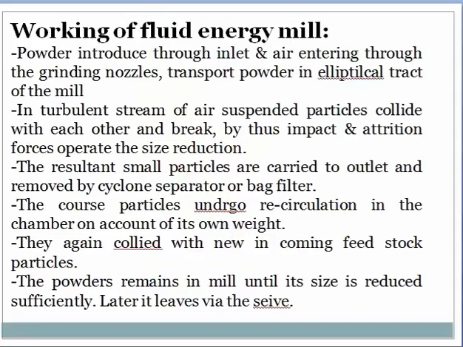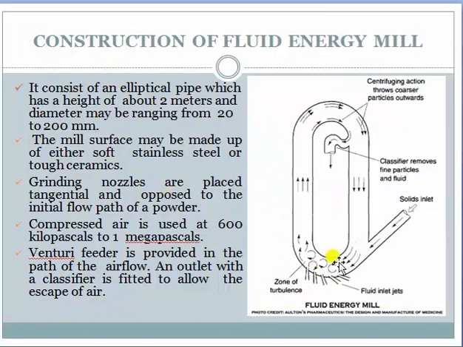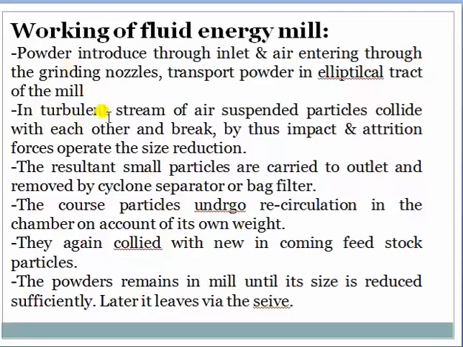Now, how it works: powder is introduced through the inlet and air enters through the grinding nozzle. It transports powder in the elliptical track of the mill. Here the sample enters, fluid air enters, turbulence is created. In the turbulent stream of air, suspended particles collide with each other and break.